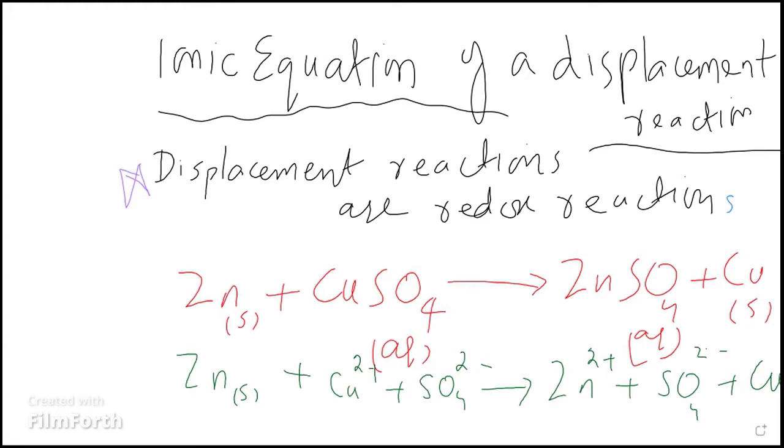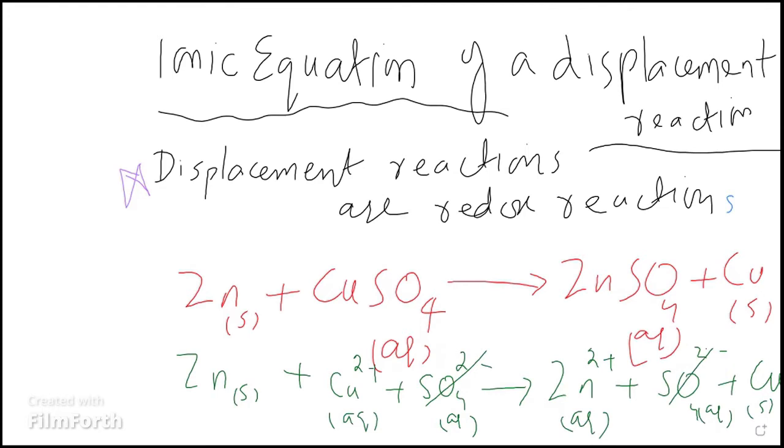Which ions are common in both sides of this equation? SO4. Yes, SO4 ions are common in this equation, so they will cancel out each other, like this and this. The rest of the equation will give you the ionic equation.